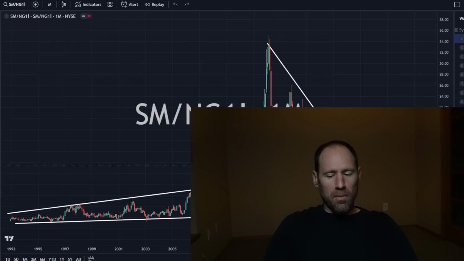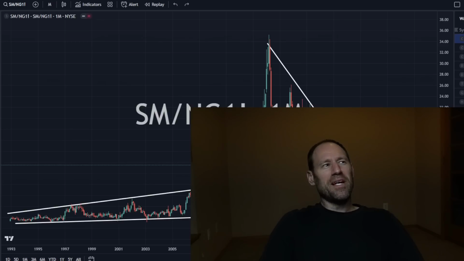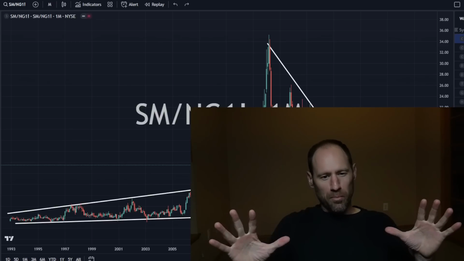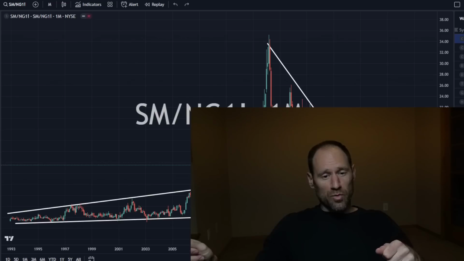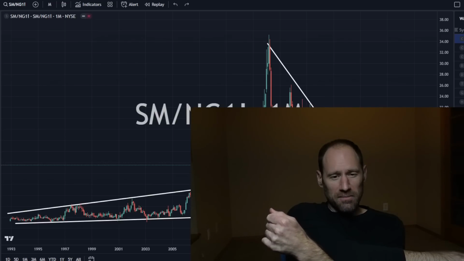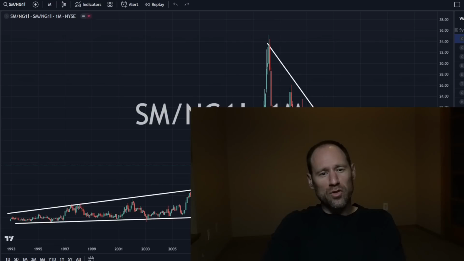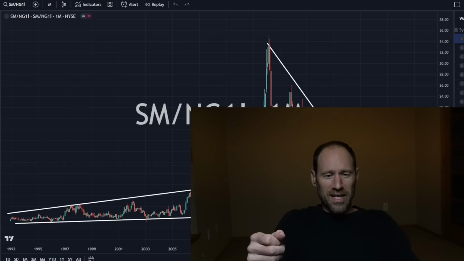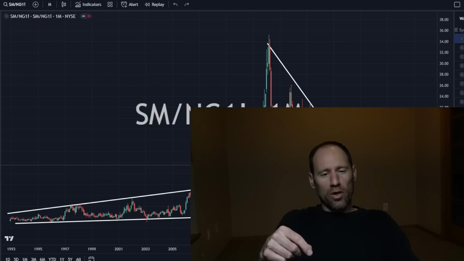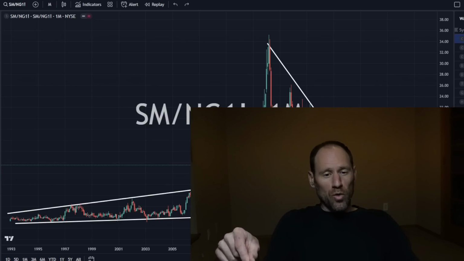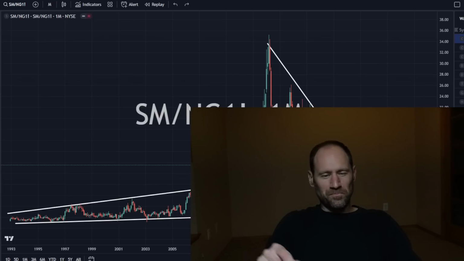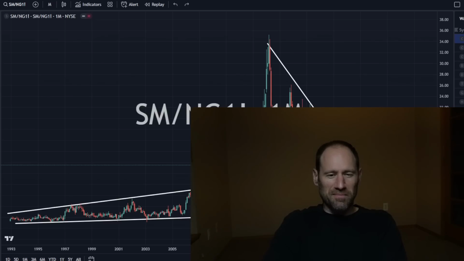That is a multi-leveraged ratio bet where, in my opinion, at some point in the future, all of these ratios are going to flip to the opposite side, where natural gas will be expensive to crude oil, and crude oil will be expensive to gold, and gold will be expensive to financial assets.